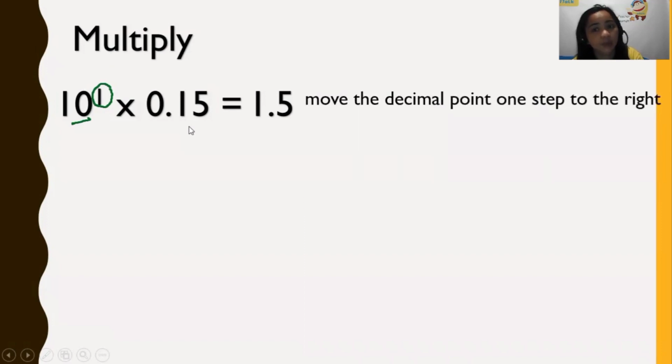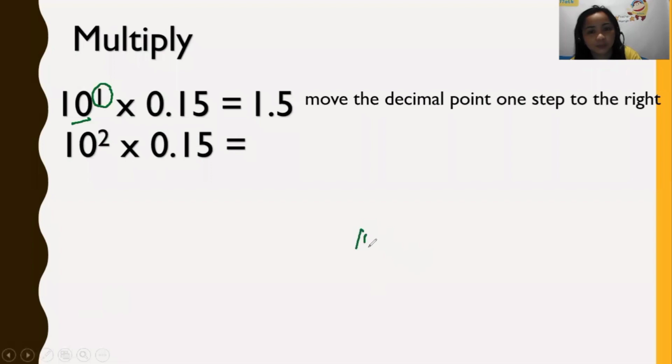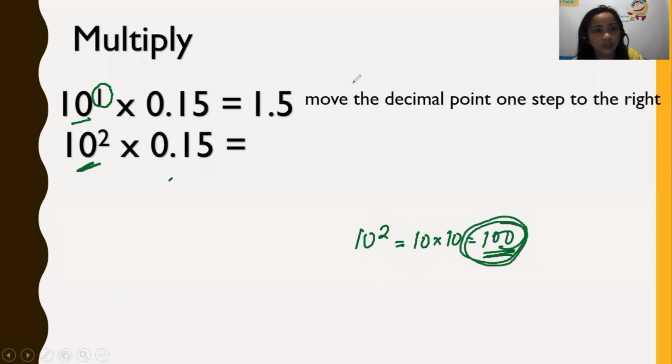Move the decimal point 1 step to the right. Then we have 10 squared. When we say 10 squared, that means 10 times 10, which is 100. So 10 squared is the same as 100, our example earlier. We have 10 squared times 15 hundredths. The answer is 15, by moving the decimal point 2 places, 1, 2.